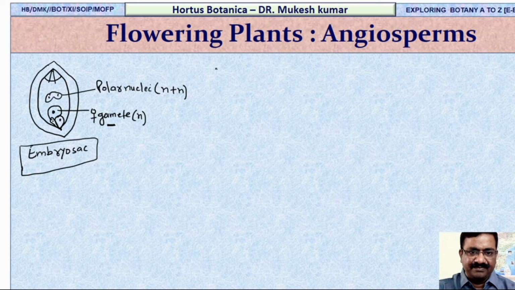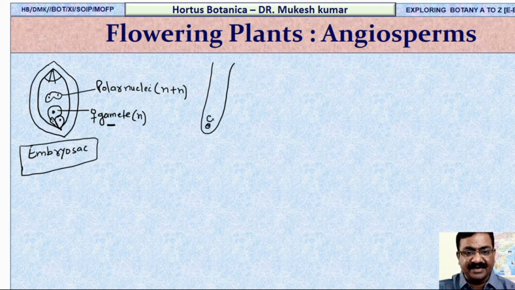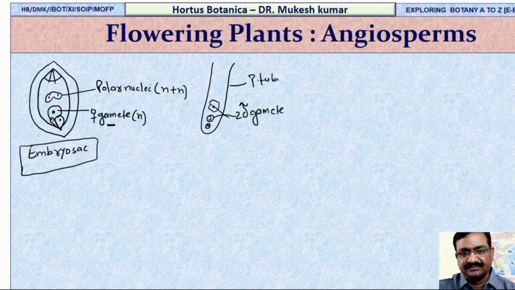Now see, whenever this pollen tube comes, you will find these are two unequal male gametes. It's your pollen tube, the tube nucleus. So we have two haploid male gametes.